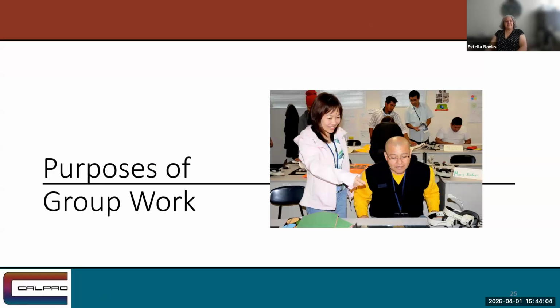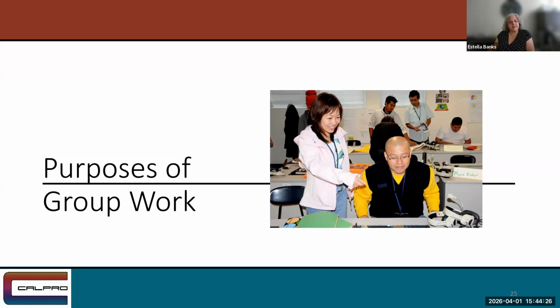So we're transitioning now to talk about the purposes of group work. This will be a preview of an assignment that you'll have during this coming week or weeks. We're going to talk briefly about grouping strategies to provide both management and instructional tools in a multi-level ESL class.